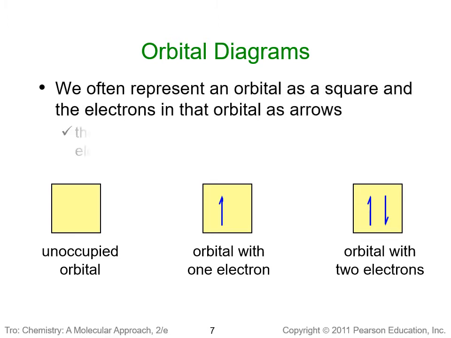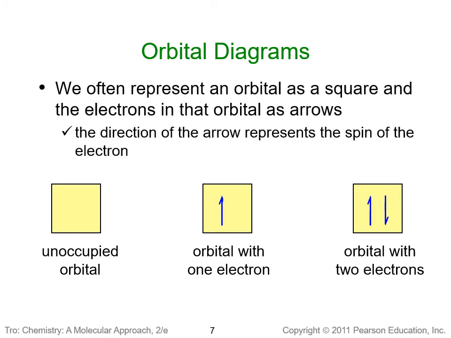If there are two electrons in an orbital, they have to have opposing spins. One must be spin up and one must be spin down, or plus 1/2 and minus 1/2. The direction that the arrow is drawn represents the spin of the electron. If it's pointing up, we say that is plus 1/2. If it is pointing down, we say that is minus 1/2.